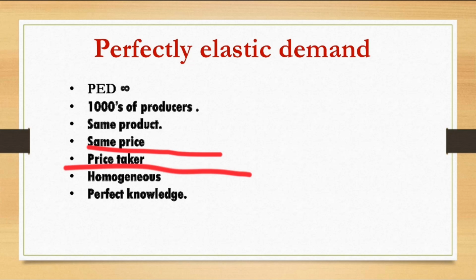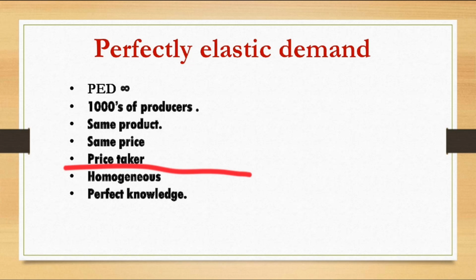They will have to charge the same prices as the other producers are charging, because if they charge higher prices than the other producers, then the consumers will switch from one product to another, because they will have a lot of substitutes. So there will be a complete change in the quantity demanded. So it is known as perfectly elastic demand.